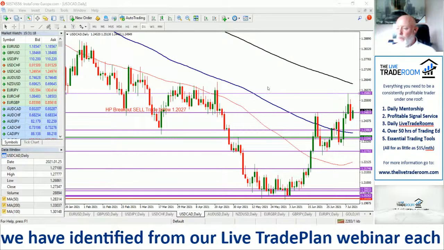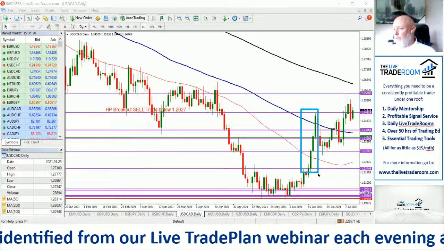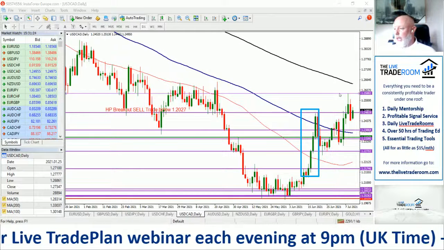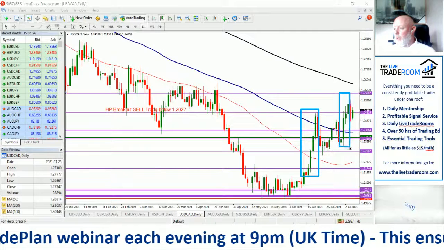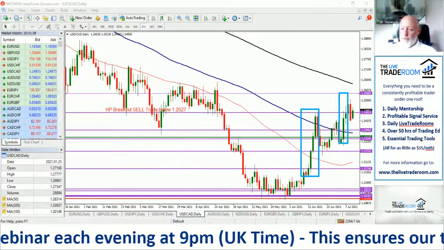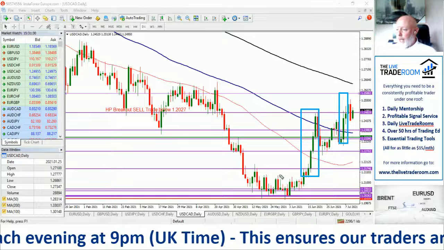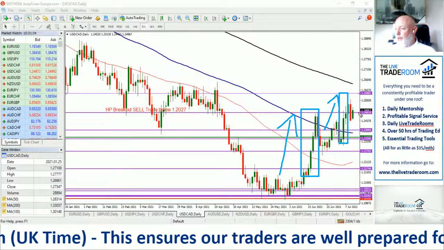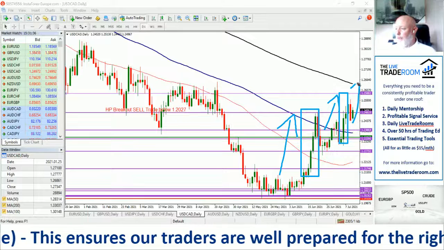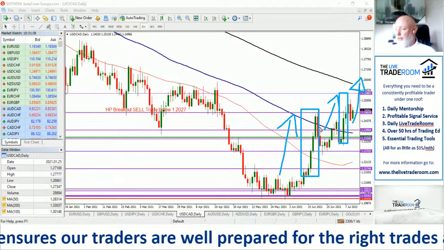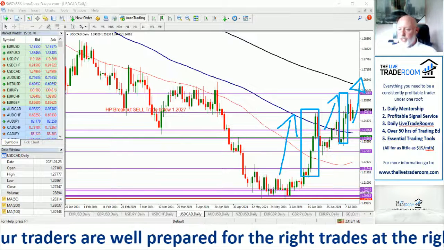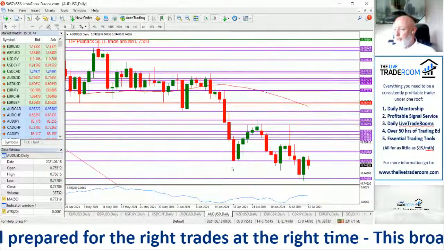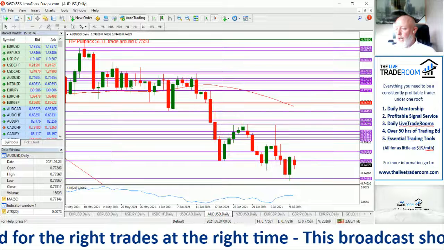For example, the dollar CAD: buyers are firmly in control, and we see a few opportunities where they proved that's the case. So prices are pushing higher, and now we can wait for that next opportunity to the upside if our conditions are met. That's really what we do. We just want to see price action and make decisions accordingly.